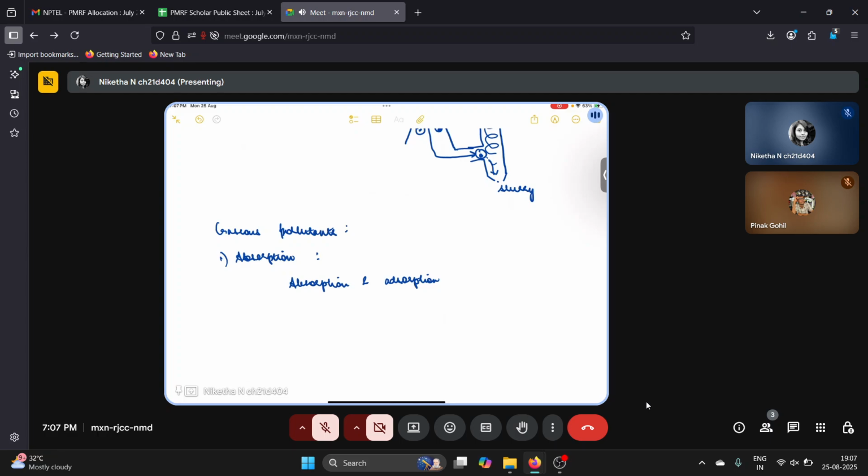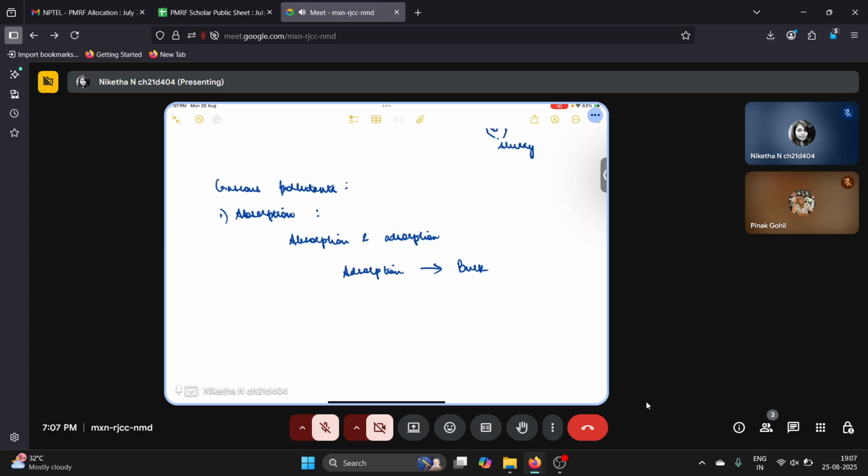Okay, so absorption is a bulk phenomenon. What happens is, like you said, when we have a sponge, the water gets soaked through the sponge. On the surface there is no water, but once you squeeze the sponge, the water comes out, which means the water was present inside, in the bulk of the sponge.